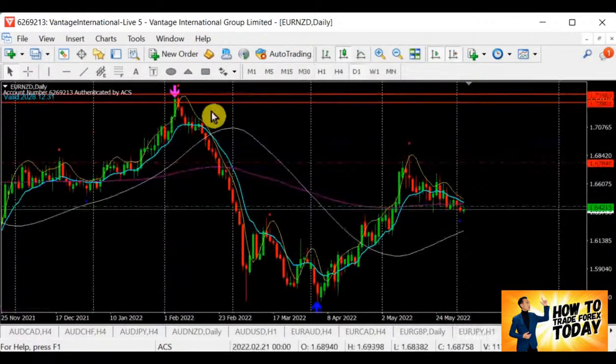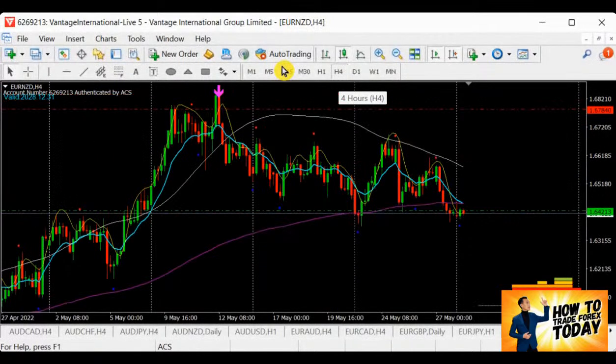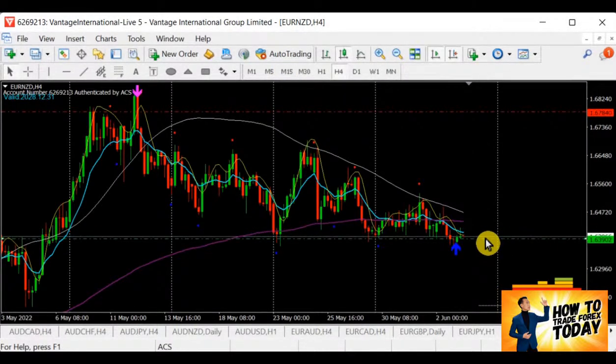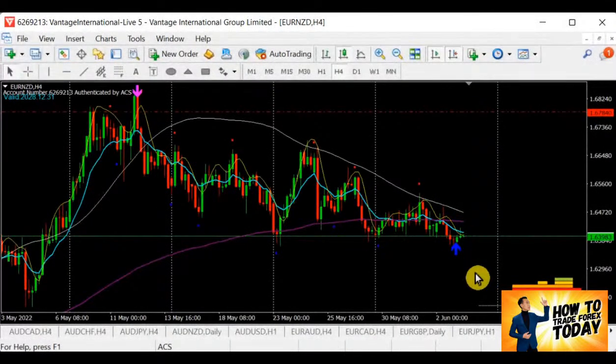All right, so Euro Kiwi is now coming to retest. It's in the retesting mode. Now we are on the support over here, and the previous support may become a resistance to come back for a retesting.